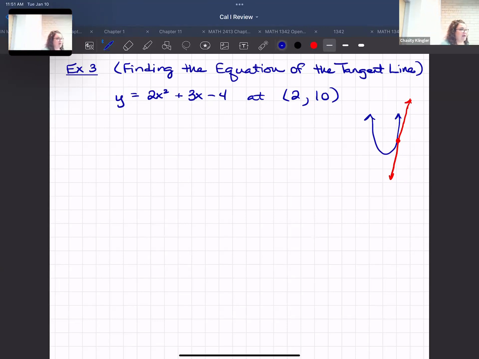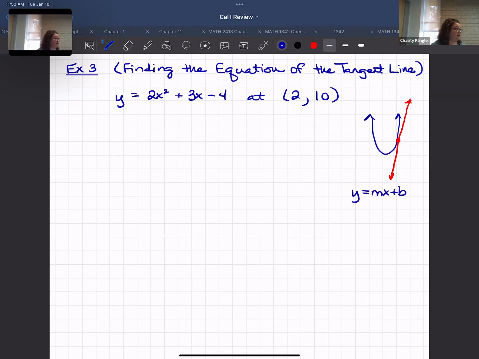So I have a point. What else do you need to write an equation? Remember, equation of a line, y equals mx plus b.